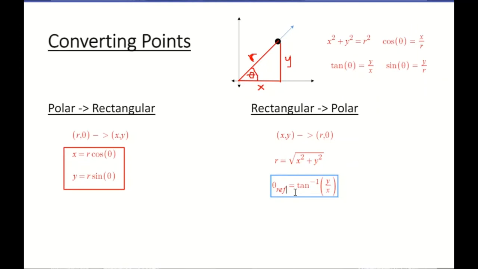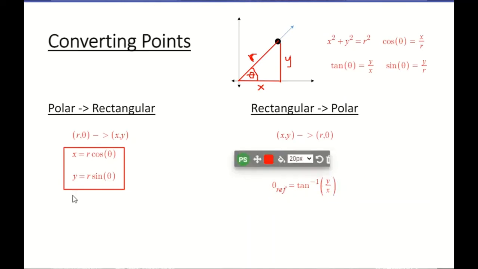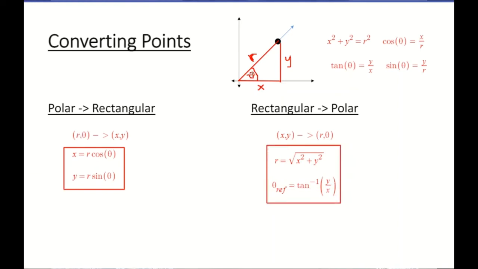So if you really want more information about reference angles, go back to your notes in the first unit, and I elaborate on this quite a bit. I know it's way back in Unit 1, so I don't want to spend a ton of time going back over reference angles, but I just want to show you how you're going to get the actual theta. So to actually compute theta, you have to look at which quadrant you're in, because this reference angle is only going to give you an angle that can actually go in a right triangle, or a negative version of that.